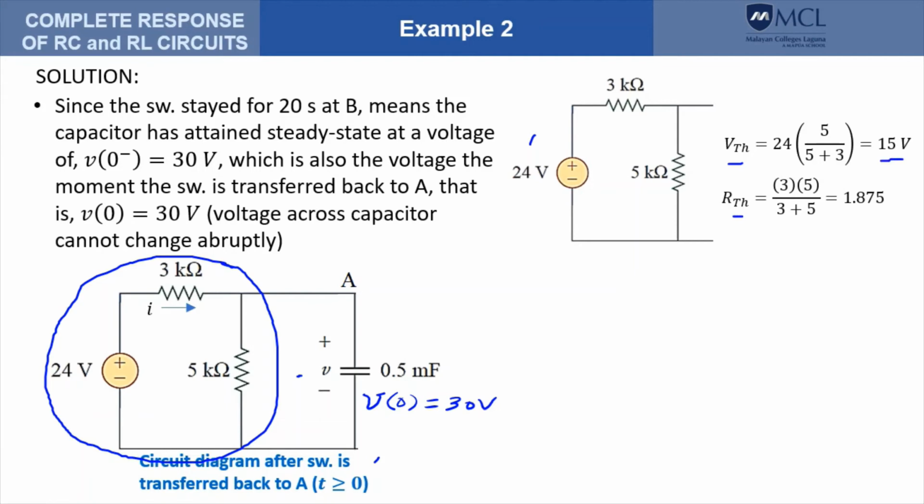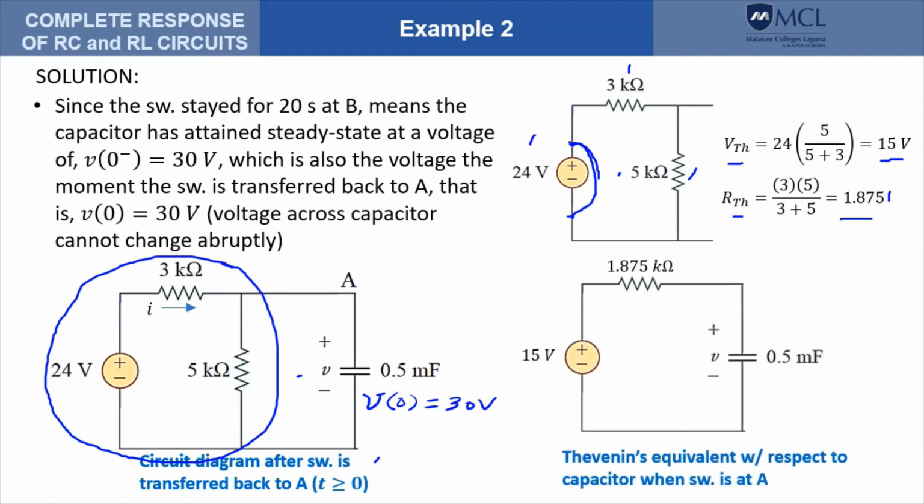So we'll get 15 volts here by doing a voltage divider across the 5 kilo ohm resistance. For the Thevenin's resistance, after shorting the source across the terminals, the 3 and 5 Ks will be in parallel, and that should give us this result. Then we can redraw the circuit using this circuit. So the circuit on the left becomes this one.